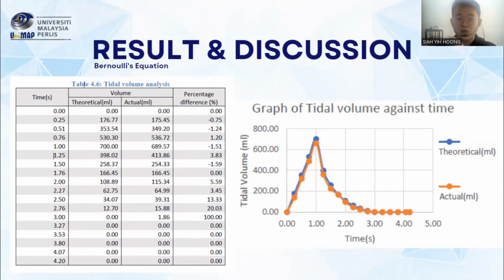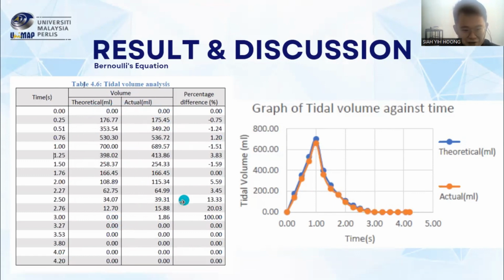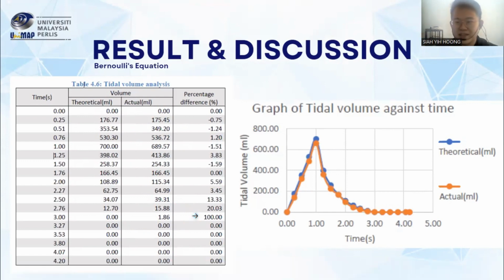We just have to look at the actual value and the theoretical value, because the theoretical value is zero and the actual value is 1.86. It only exceeded a bit, but since it is compared to zero, there will be a 100% percentage difference.